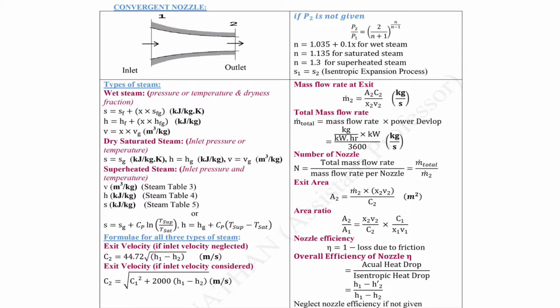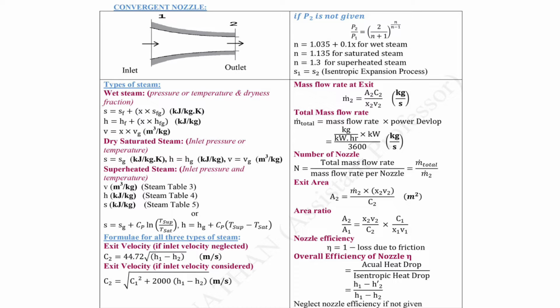And the entropy of superheated steam can be calculated from Sg plus Cp ln (T super divided by T saturated). H is equal to Hg plus Cp into (T super minus T saturated).